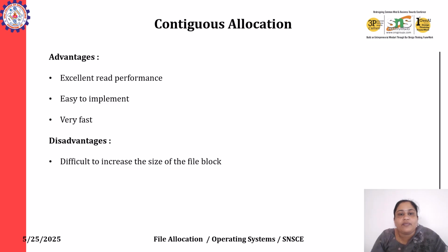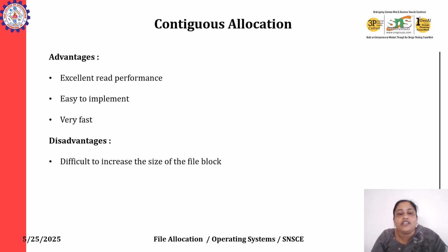Now let's see the disadvantages. The major disadvantage of contiguous allocation is that it suffers from both internal and external fragmentation. We all know fragmentation is nothing but the holes being created. Thus, it is inefficient in terms of memory utilization.